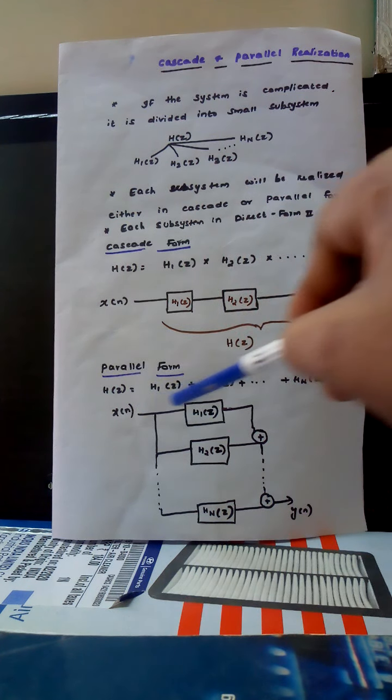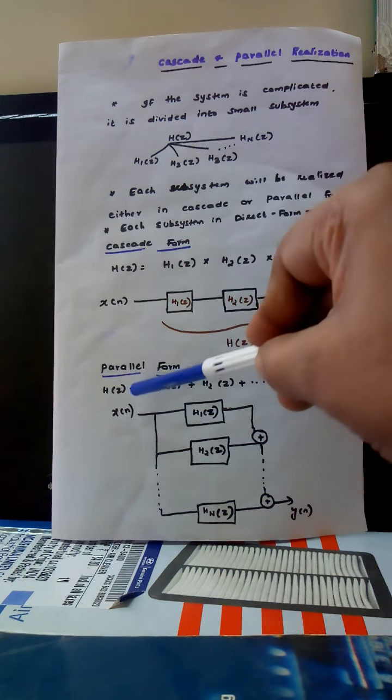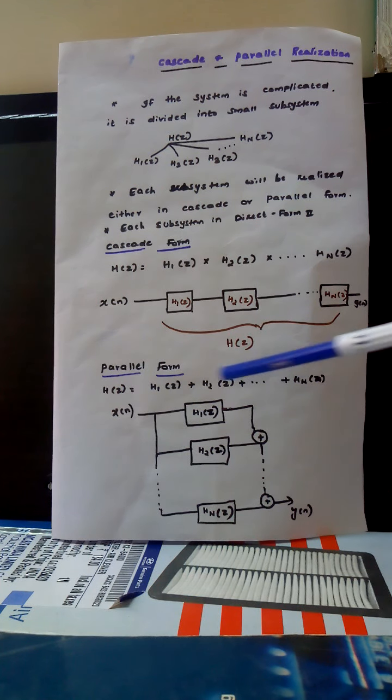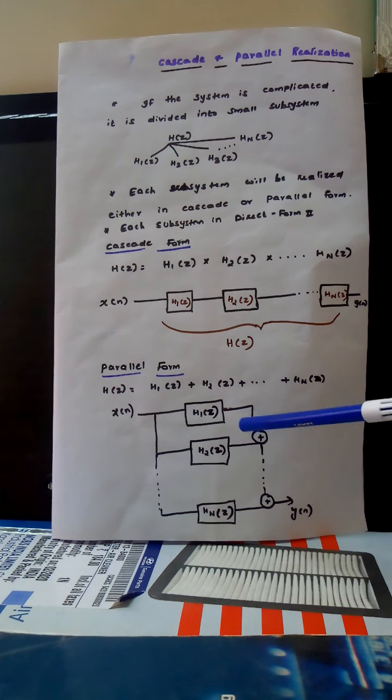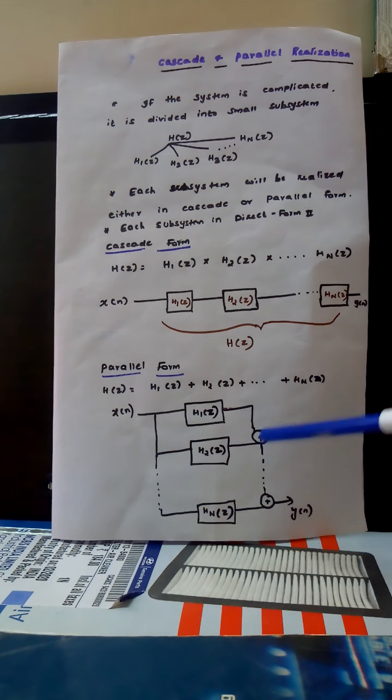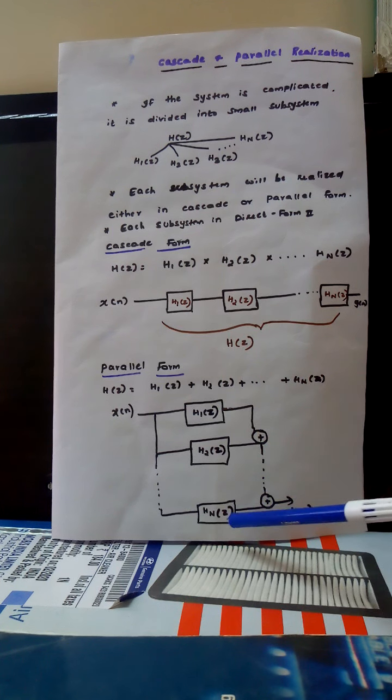In the parallel form, h of z is a complicated or big system. Again we are splitting into small subsystems h1, h2 up to hn, but we are adding all the subsystems here. So h1 of z is added with h2 of z, again h2 of z is added with h3 of z up to the last term. If you add them, you will get y of n.